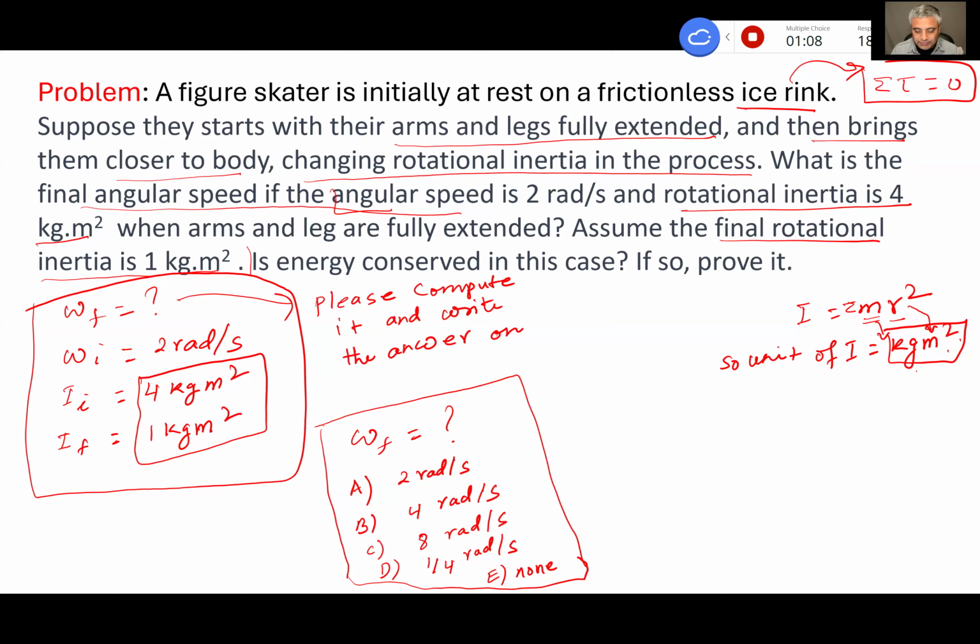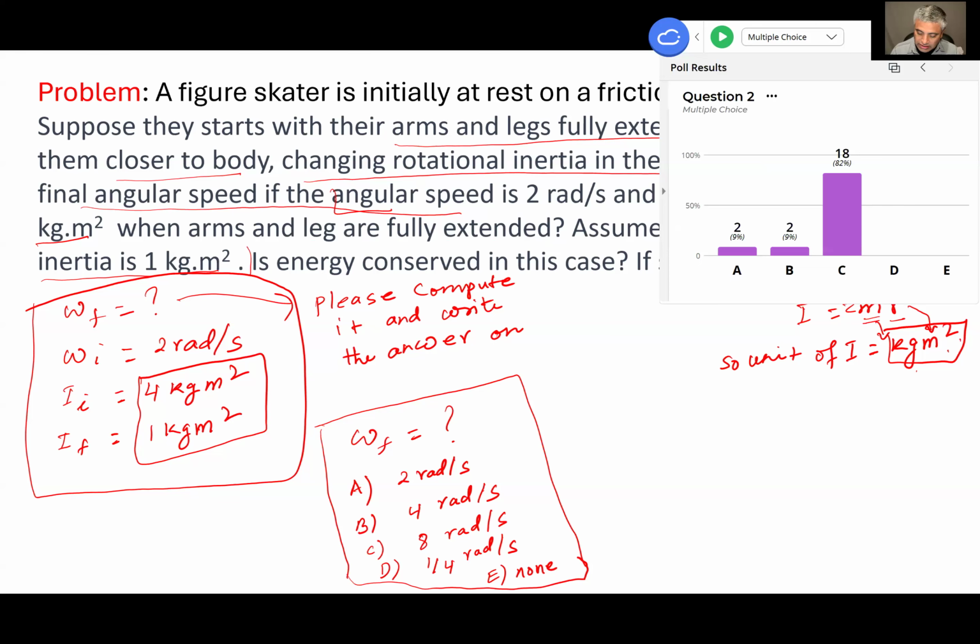Thirty more seconds. Five more seconds. 5, 4, 3, 2, 1, and it stops. Okay, let's see what we got. So mostly C. I believe that is correct.